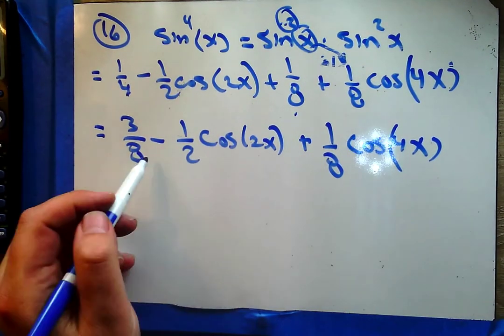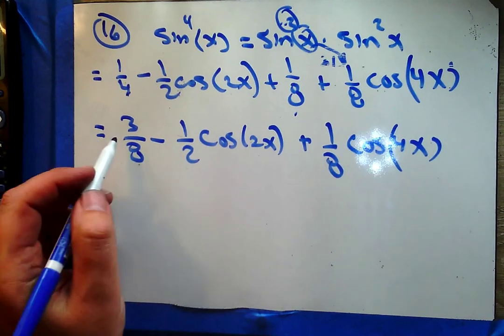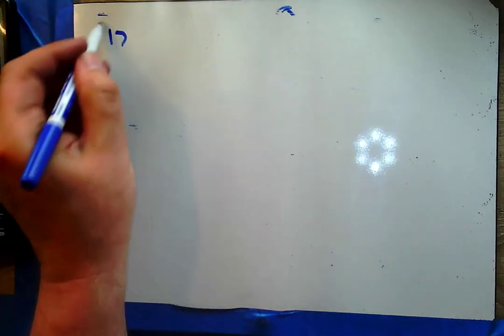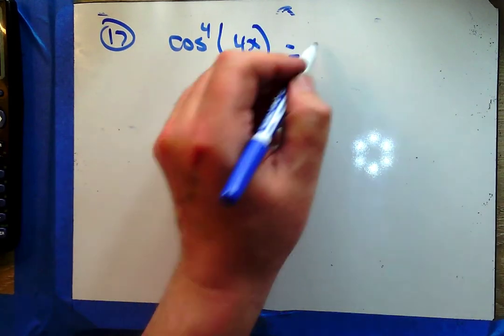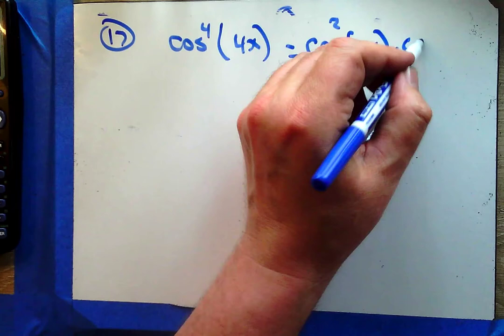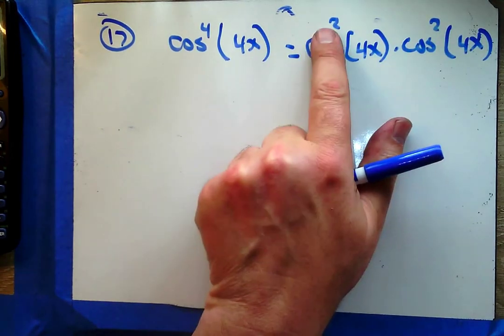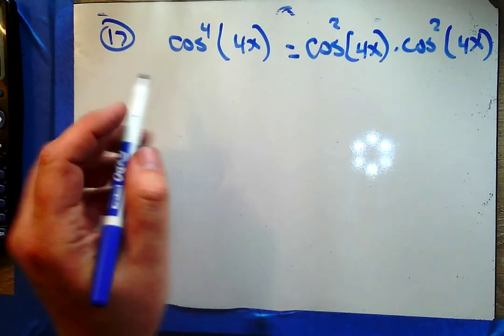there's 16. 17. Cosine to the 4th 4x. Ooh, I better give myself some space for that. 17. Cosine to the 4th 4x is going to be cosine squared 4x times cosine squared 4x. So I'm going to use the power reducing identity here and here. And what happens to the angle when I do that?